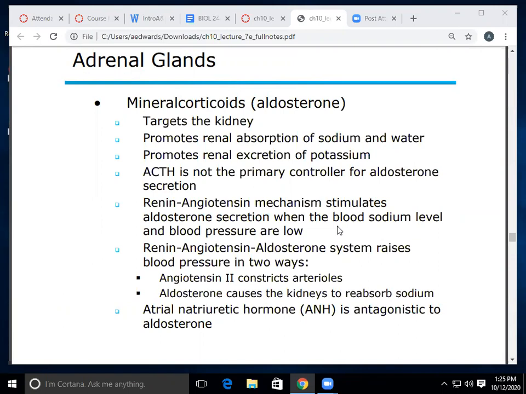Okay, so what opposes this? Usually for some reaction, there's an equal and opposite reaction, right? You learn that in physics, but with homeostasis, you usually have some sort of opposition. And that is the atrial natriuretic hormone. It is antagonistic to aldosterone, so it basically does the opposite thing. It lowers your blood pressure.